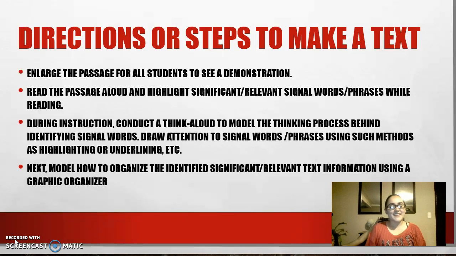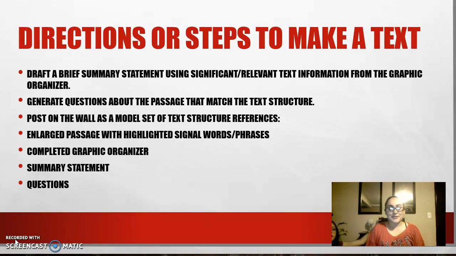Number four, next, model how to organize the identified significant text information using a graphic organizer. Number five, draft a brief summary statement using significant relevant text information from the graphic organizer.